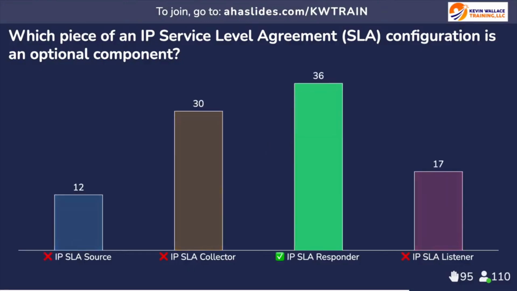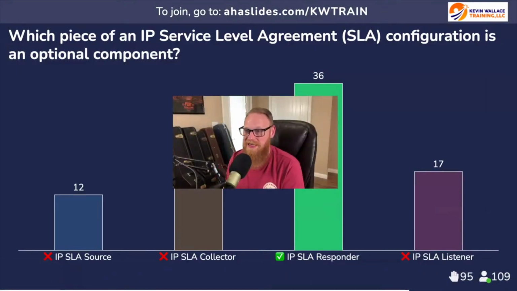And there's our timer. The correct answer is IPSLA responder. So an IP service level agreement or IPSLA configuration requires an IPSLA source in order to generate packets, and those are going to be sent out to destination devices.